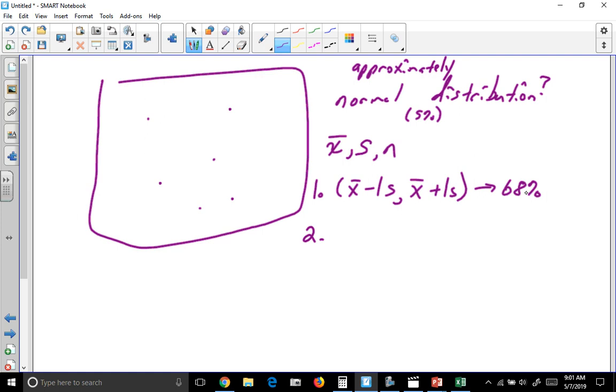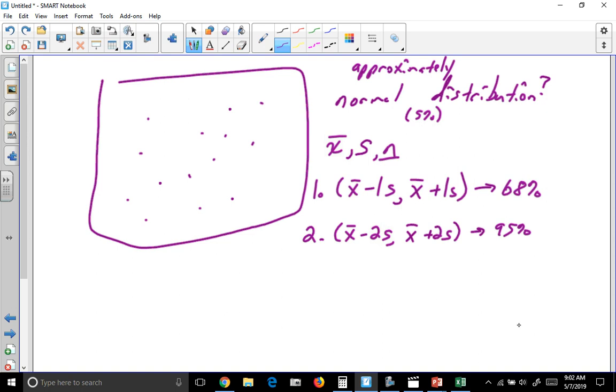If we check the first interval and about 68% of our data is in that interval, then we go to the next one, and we say, okay, if we are two standard deviations less or two standard deviations more than the mean, do we have about 95% of our data in that window? So we count how much data in our set falls in that interval out of the total number in that set, make that a percent, and see, is that about 95%?